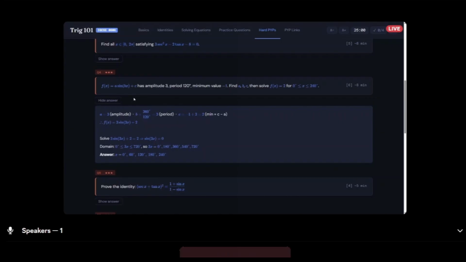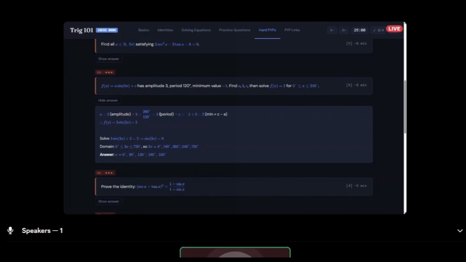So Bx is basically 360. One period of the sine graph is 360 degrees. And since one period is now 120, that means they changed the b.